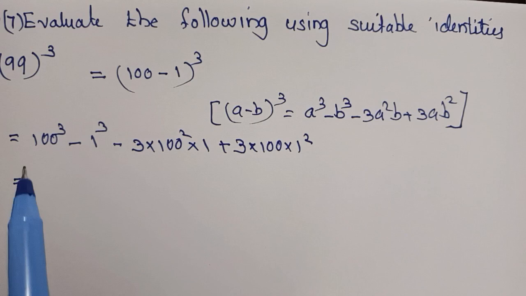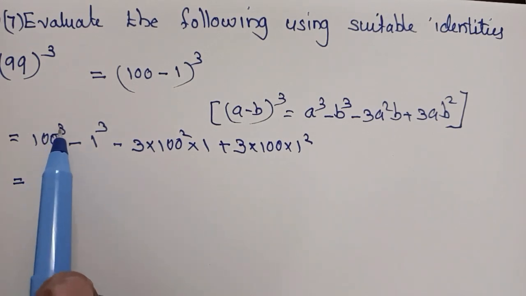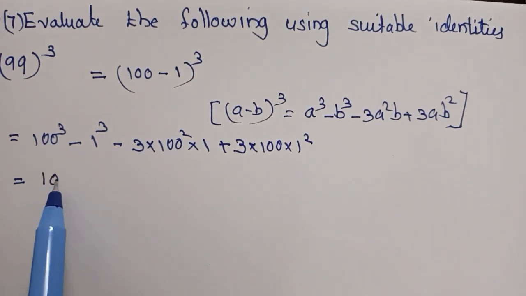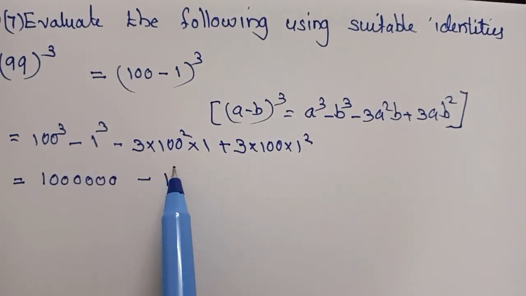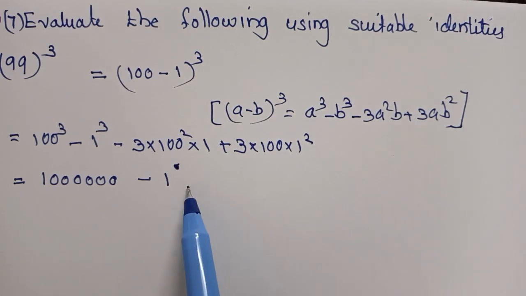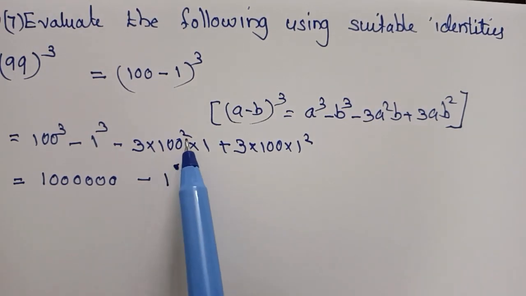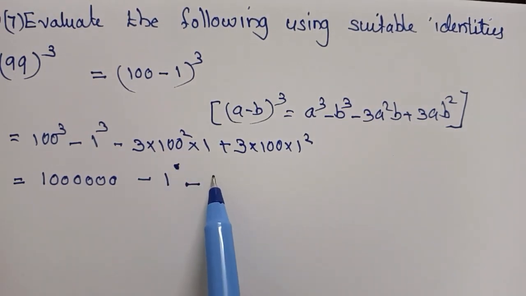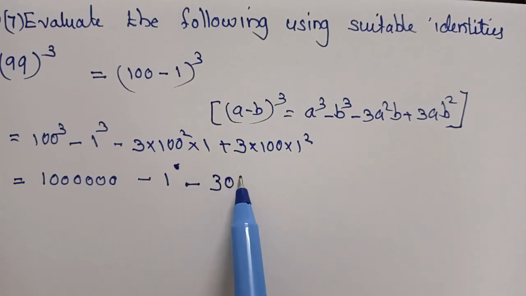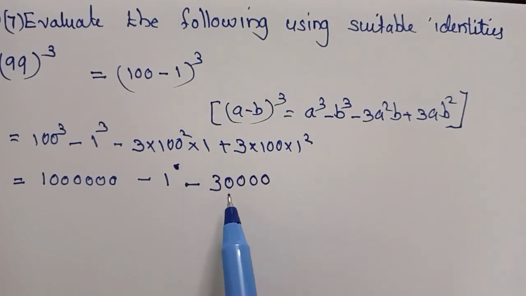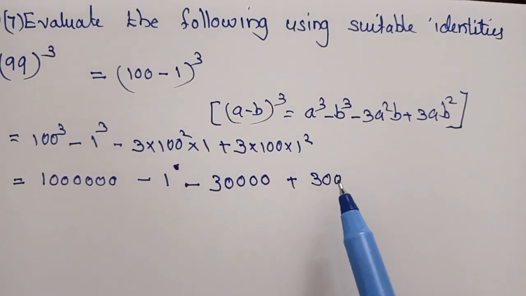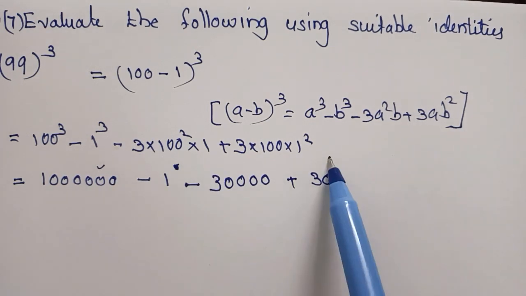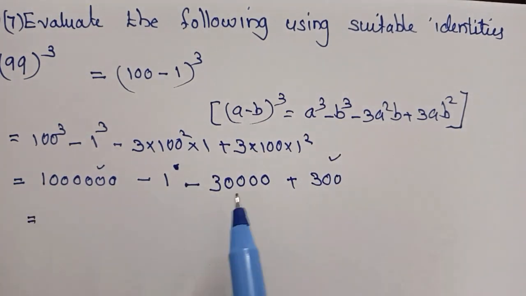Now 100 cube has 2 zeros, 2 into 3 is 6 zeros will be there, 1 2 3 4 5 6, minus 1 cube, that is 1, minus 100 square is 10,000, 3 into 10,000 is 30,000, plus 3 into 100 is 300. Now adding like terms, these two are like terms with the same sign.